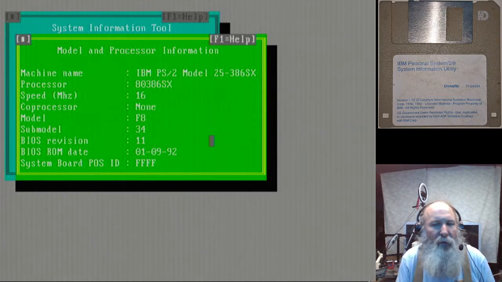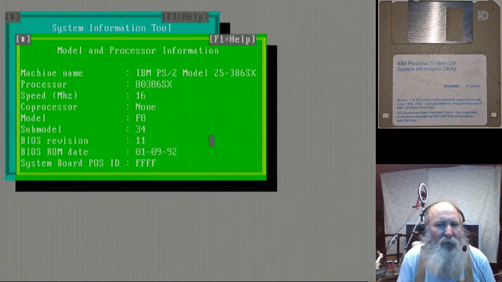There is the PS/2 model 35SX, model 40SX that also have 386SX CPUs in them. But when I saw the submodel listing in the BIOS revision, I realized it was the model 25SX planar that was in that unit.